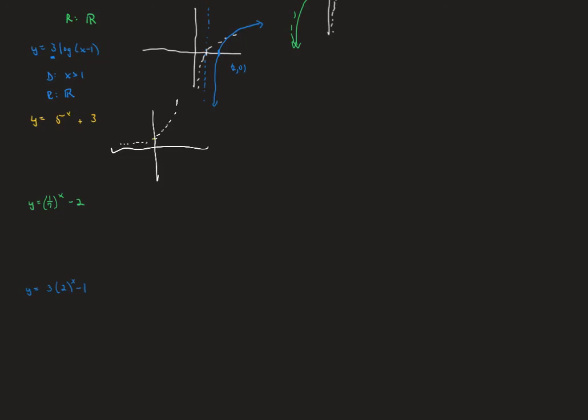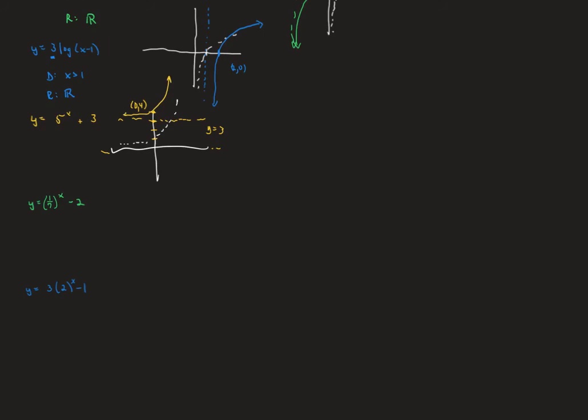So in particular, our y-intercept is going to be at 0, 4, because we have to move it up 3 from the 0, 1 that it was. The asymptote is going to get moved from the x-axis up 3, so it's going to be y equals 3, and it's going to rise from left to right.